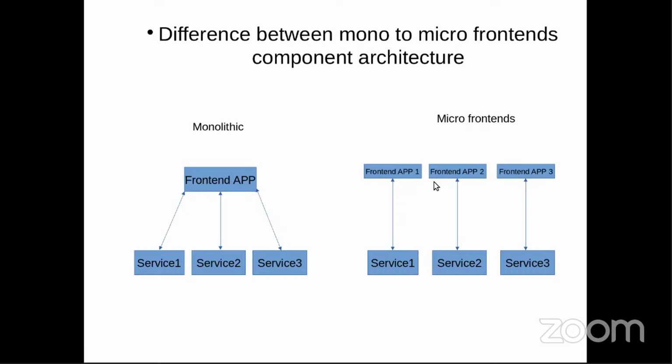Similarly, it would also apply to service 1, service 2, service 3, having different containers. This is how we can ensure that our app works pretty fast.